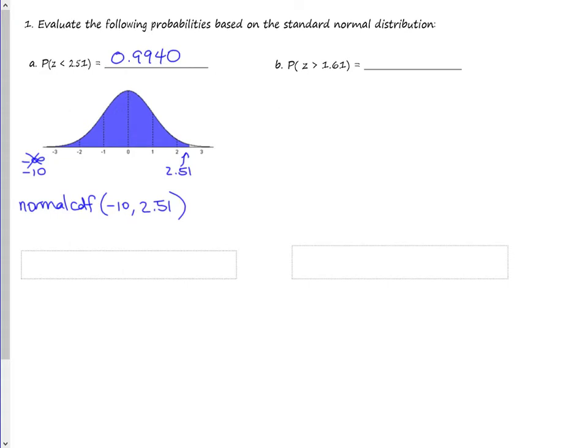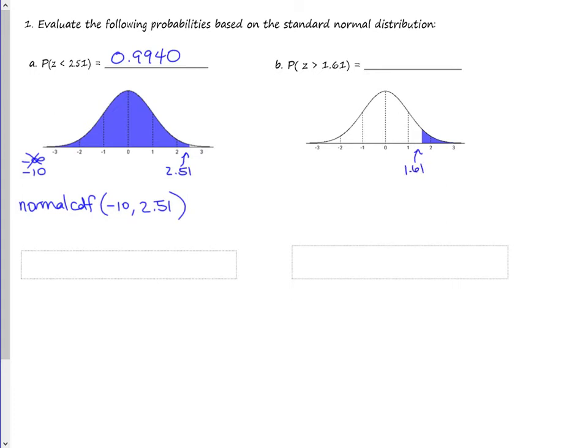Part B, the probability that z is greater than 1.61. Again, let me draw a distribution. Okay, so I've drawn the distribution, and I've noted approximately where 1.61 might lie on my scale.